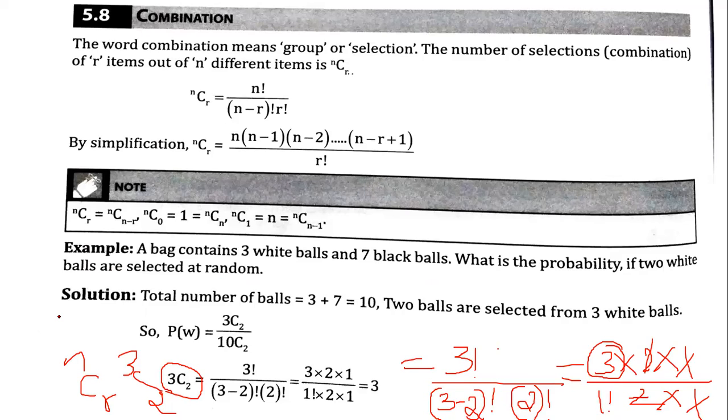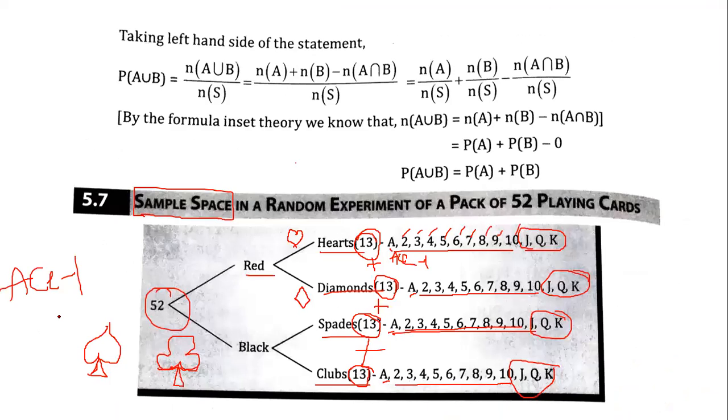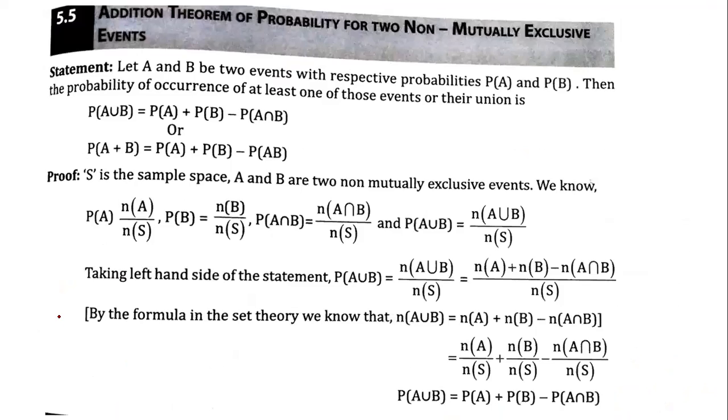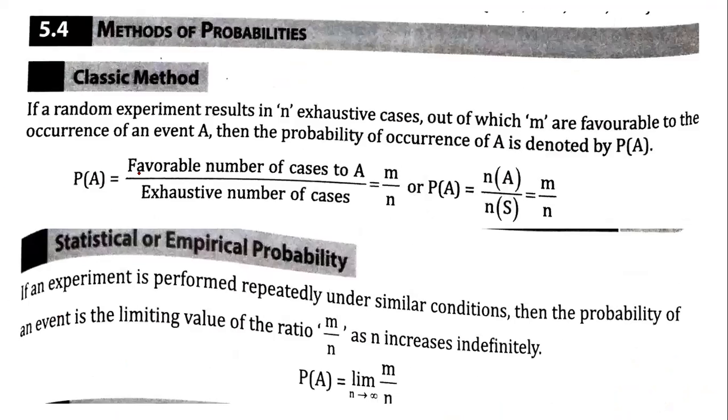Probability means we also have to find out the final answer. Now, what is the probability formula? Favorable number of cases divided by exhaustive number of cases.